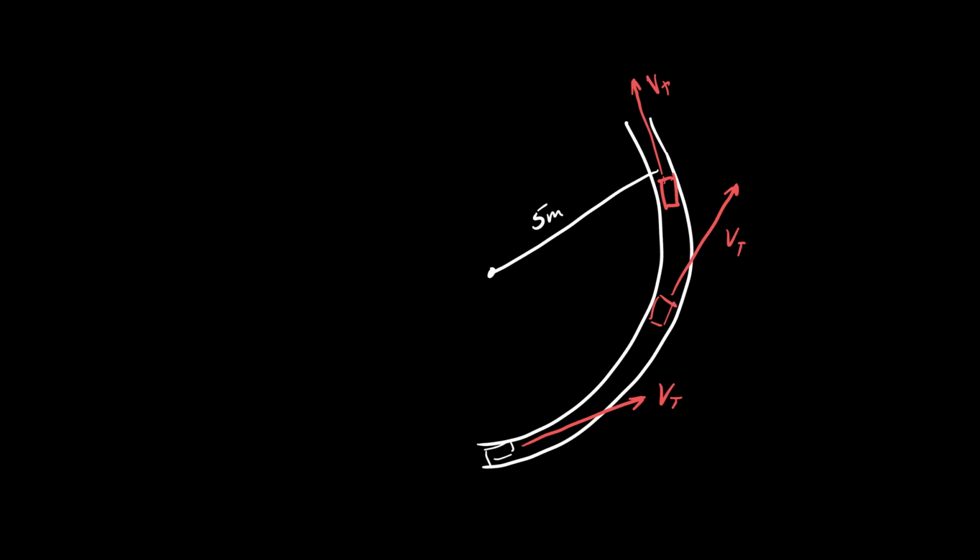So we want there to be an acceleration equivalent to 4 times g, or 40 meters per second squared, and they want us to tell them the tangential speed required to make that. So I think that's it.